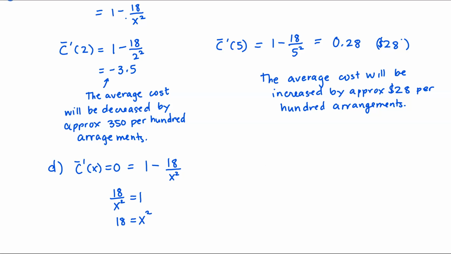And so x is equal to plus or minus the square root of 18, which is equal to plus or minus 3 square root of 2, or approximately plus or minus 4.24. Since you cannot make a negative number of flower arrangements, x is equal to 3 square root of 2, or 4.24.